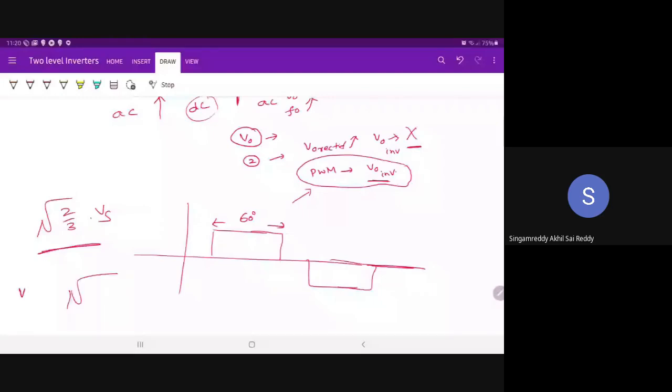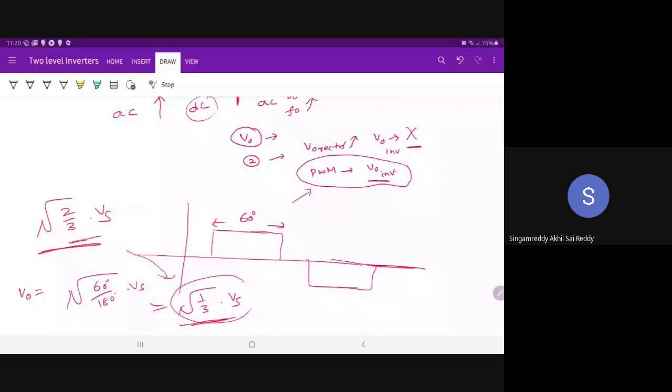Now it is √(60/180) times Vs, so the output voltage is √(1/3) times Vs. So by changing the width of the pulses, the output voltage can be controlled. Earlier it was √(2/3) Vs, and now it has changed to √(1/3) Vs. By choosing the appropriate width you can control it.